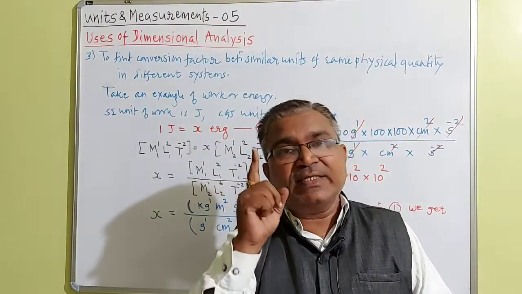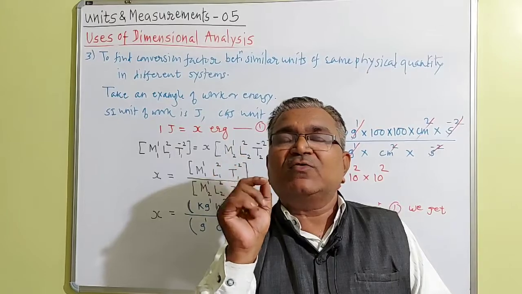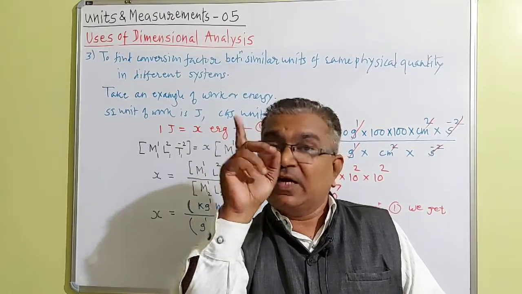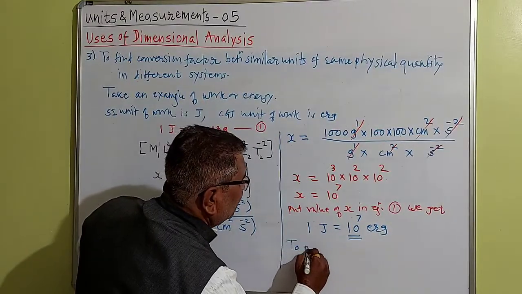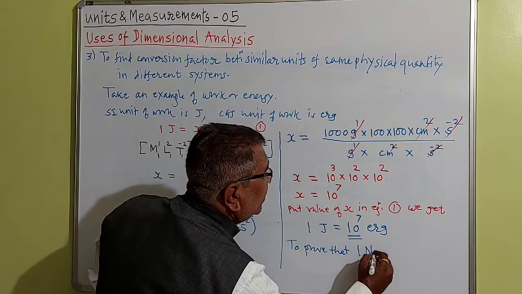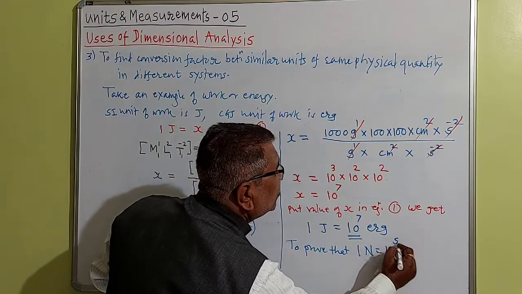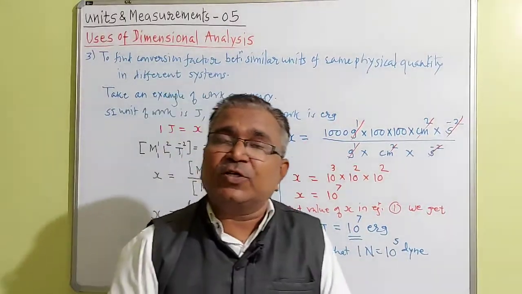I will give you one exercise to prove that 1 Newton is equal to 10 raised to 5 dyne. I will write the question here: to prove that 1 Newton is equal to 10 raised to 5 dyne. So this is the exercise for you.